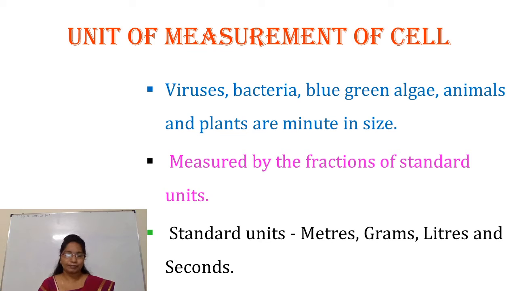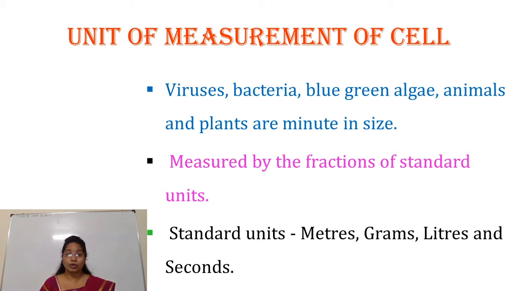So friends, as we know that viruses, bacteria, blue-green algae, animals and many plants, they are microorganisms. Now, microorganisms means the organisms which we cannot see by our naked eyes.